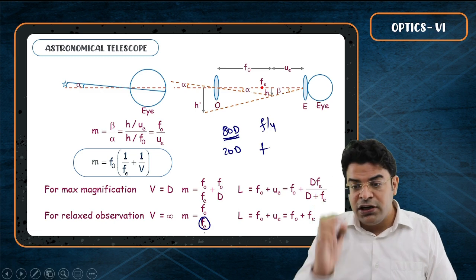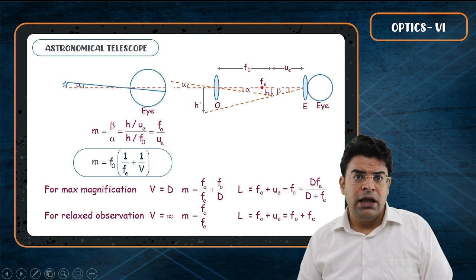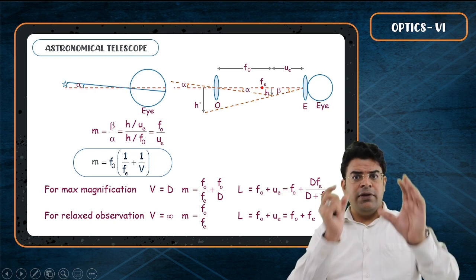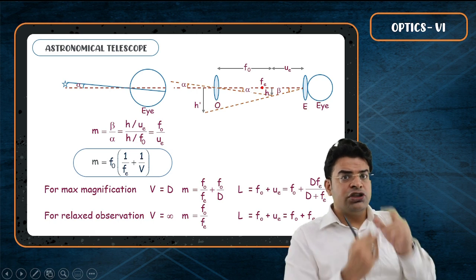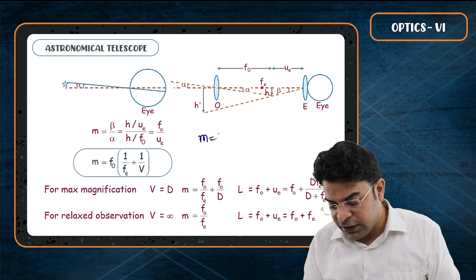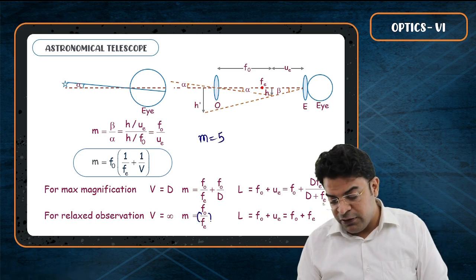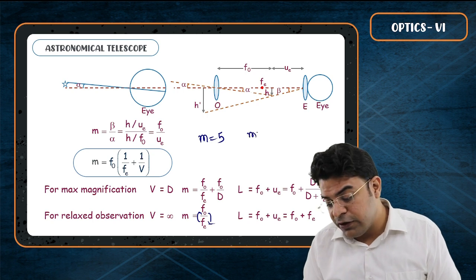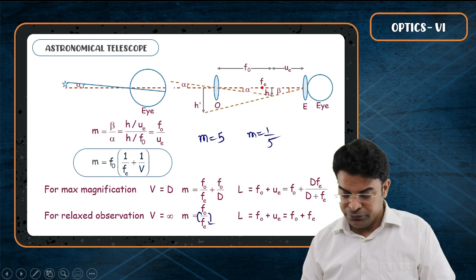A small number in denominator and big number in numerator. Second thing, sometimes they ask, if you flip the position of objective and eyepiece in a telescope, what happens? If initially it had some magnification of 5, after flipping, f naught will become Fe and Fe will become f naught. Now the new magnification will be 1 by 5. Keep this in mind as well.